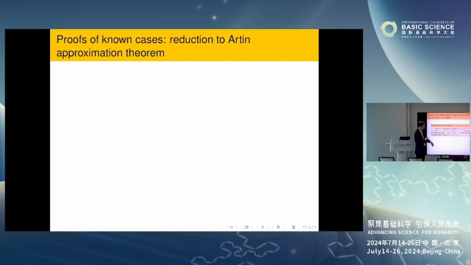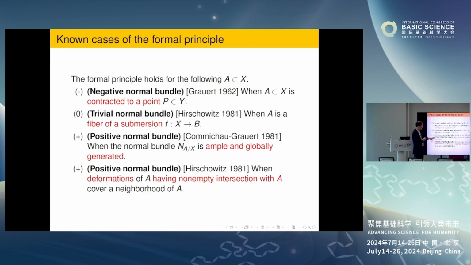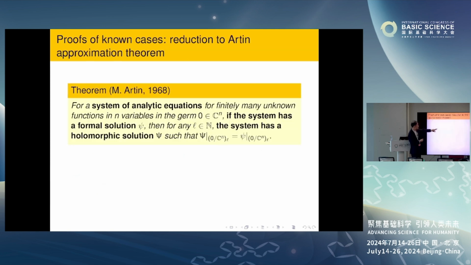If you look at the known cases, this is after Grauert's result, '67. But the proofs of these other cases use the Artin approximation theorem. Grauert is before the Artin approximation theorem, and in a sense, the Artin approximation theorem is motivated by Grauert's theorem.